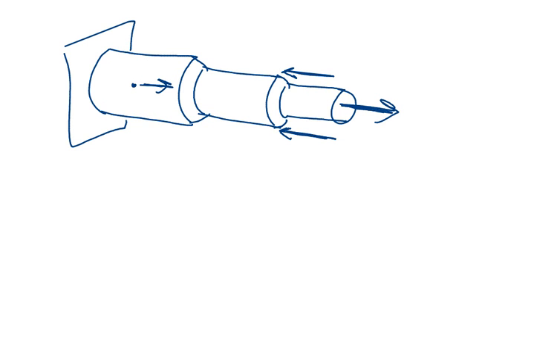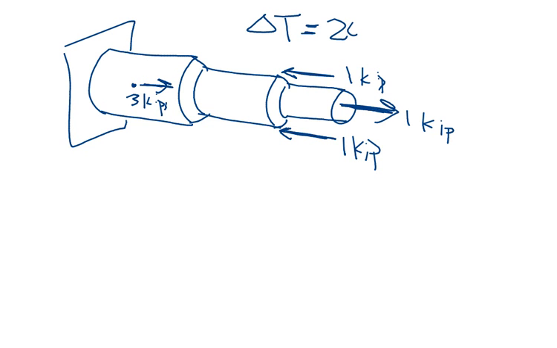Now, instead of having just this, I could say that there's also a temperature change. So we had said this was 1 kip, 1 kip, and this was 3 kips. And now in addition to that, I add a temperature change of, let's say, 200 degrees Fahrenheit. And I ask for the total deformation at that free end.